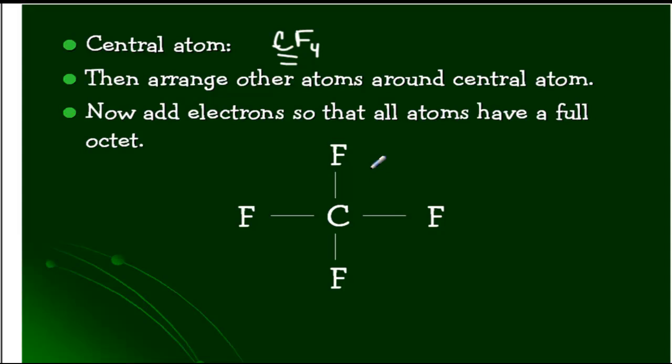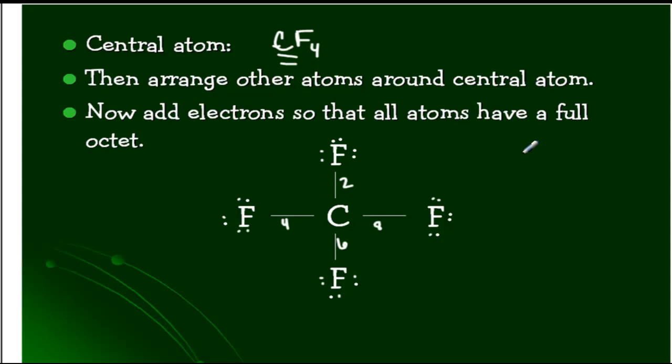So that's your goal, to get each atom with 8 electrons. So we did 2, 4, 6, 8 electrons in our bonds. Then 10, 12, 14, 16, 18, 20, 22, 24, 26, 28, 30, and 32. So we used all 32 of our valence electrons.